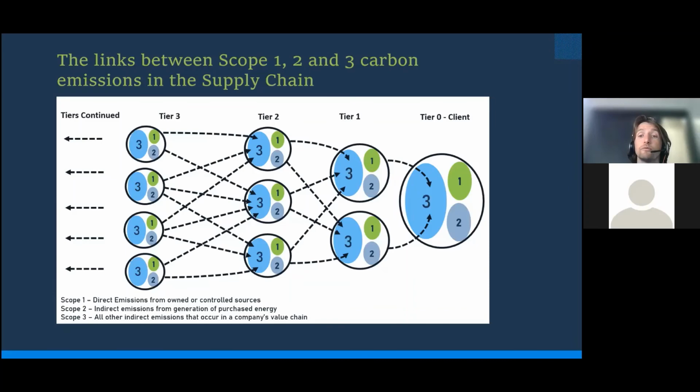For example, if client 0 at the bottom represents 50% of that tier 1 organization's turnover, then that tier 1 organization will calculate their entire carbon footprint using our system, and give 50% of that into the tier 0 client's scope 3. That's how you can look at your supply chain carbon emissions, and that's how it works in practice.